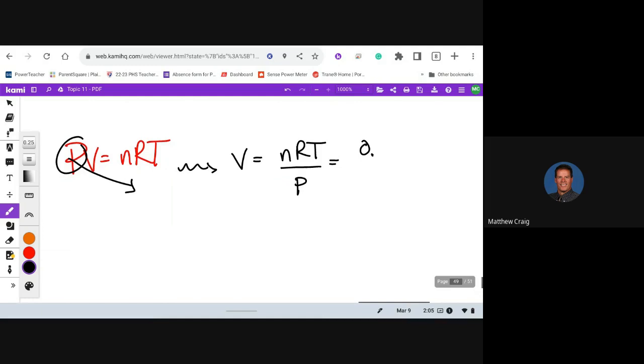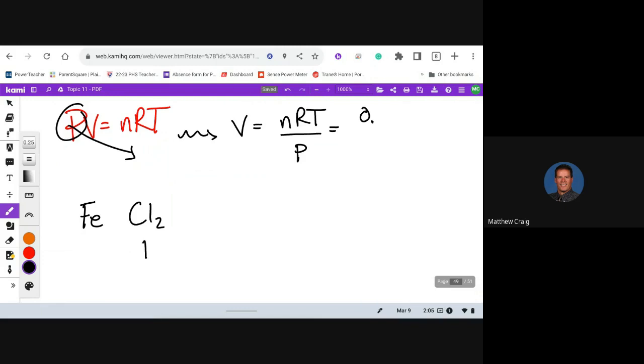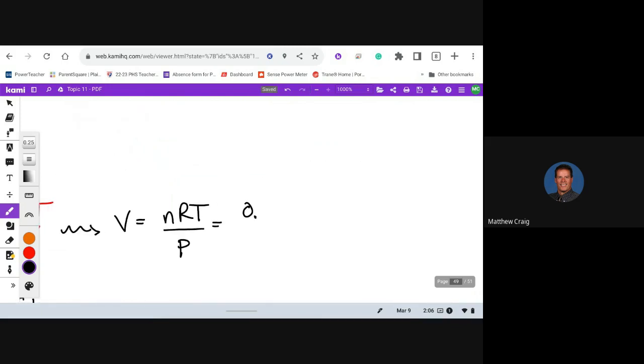Okay, so here we go. We have iron and chlorine. How many of these do we have? One. How many of these do we have? One. You're thinking. 933 or whatever's in my calculator.